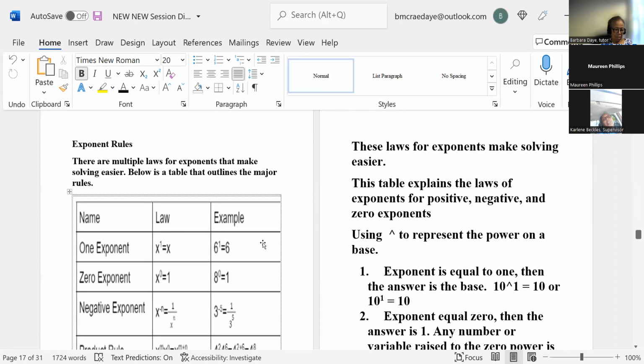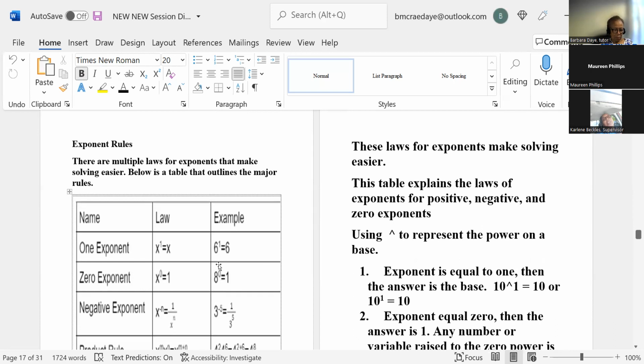So 6 to the 1 is 6, and 100 to the 1 is 100. If you raise to the 0, that's the 0 rule. Any number or variable to the 0 power is 1, whether it's 1,000, whether it's 100, whatever.